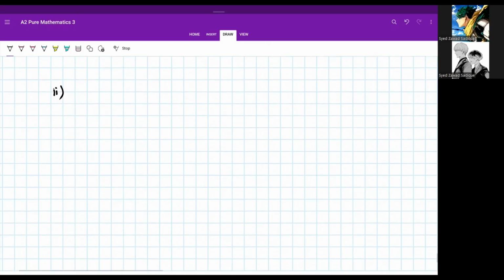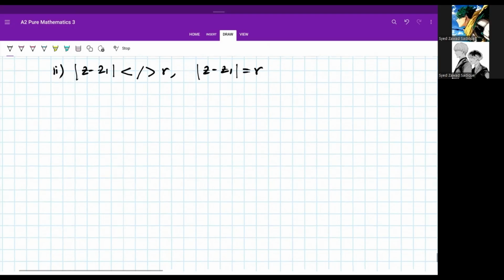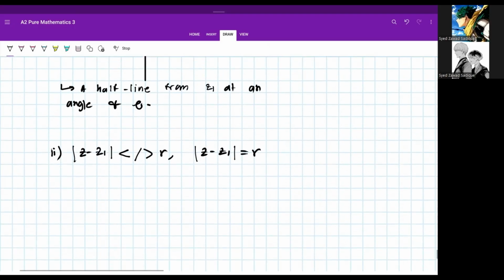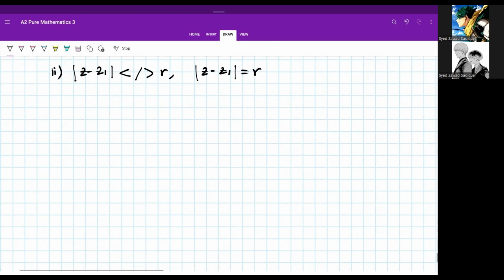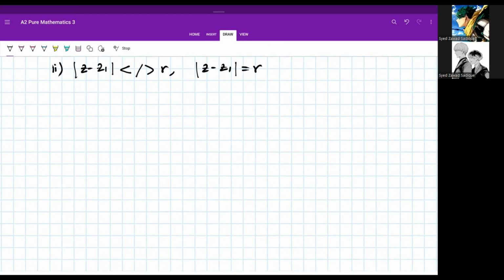The second type is drawing circles. It can be modulus of z minus z1 less than, greater than r, or modulus of z minus z1 equals r. I'll draw two graphs.